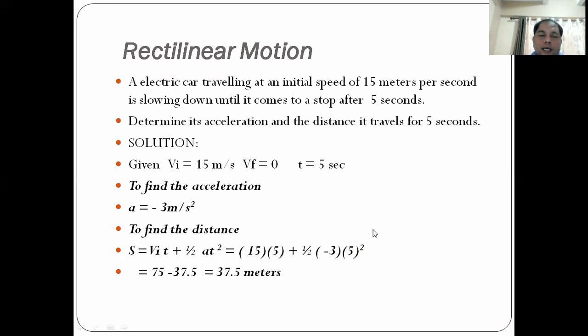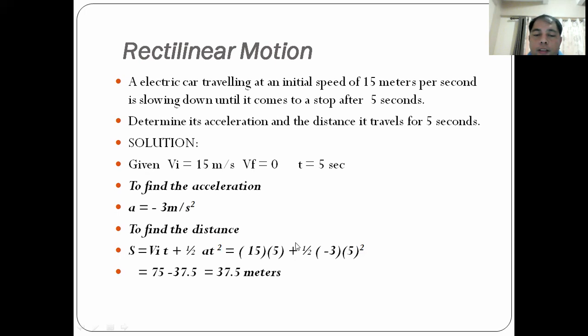Now, if you'll solve for the distance, knowing the acceleration already to be -3 meters per second squared, we could use the equation V sub i t plus 1/2 a t squared, where V sub i is not 0 in this case, but 15 meters per second, with a time of motion equal to 5 seconds. Our acceleration was given to be -3, so that's plus 1/2 of -3 times 5 seconds, and we square the time, 5 seconds.